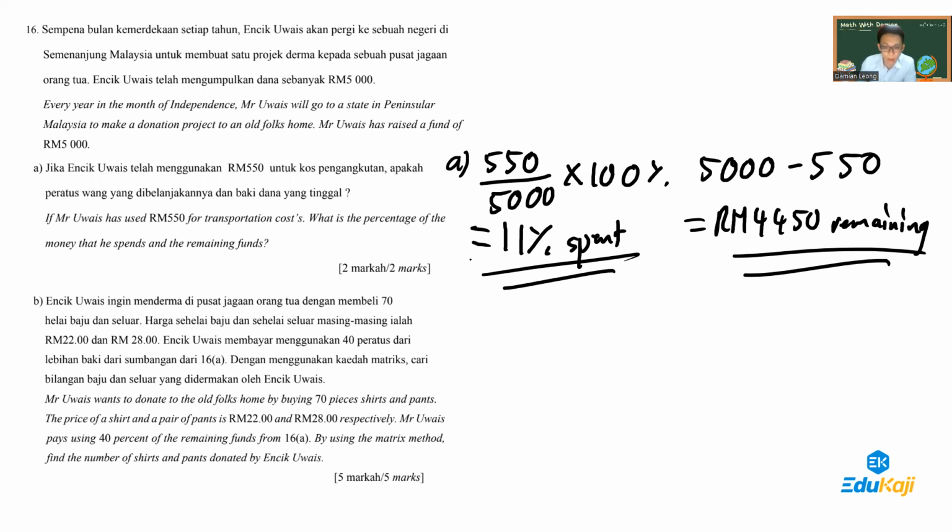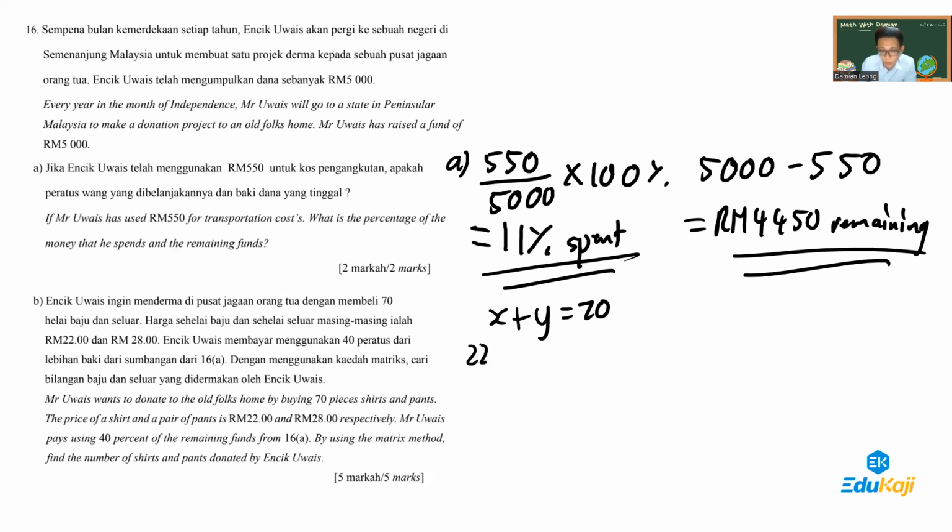So number of shirts and pants, let's put X and Y, add together is 70 pieces.